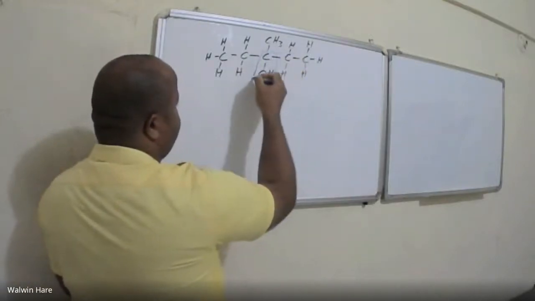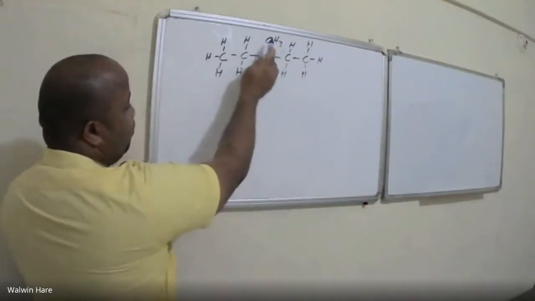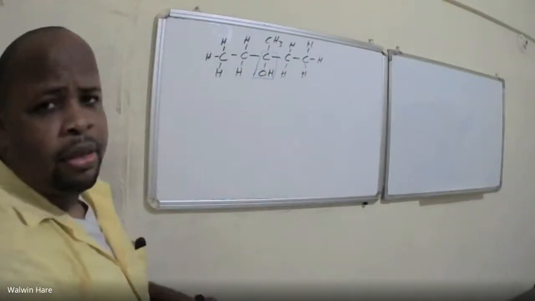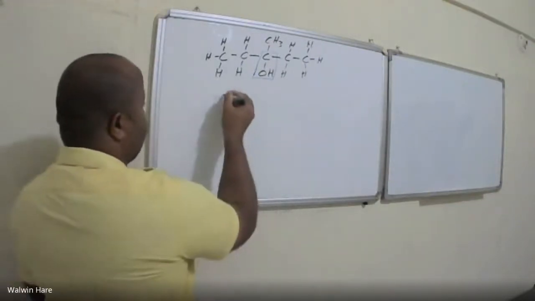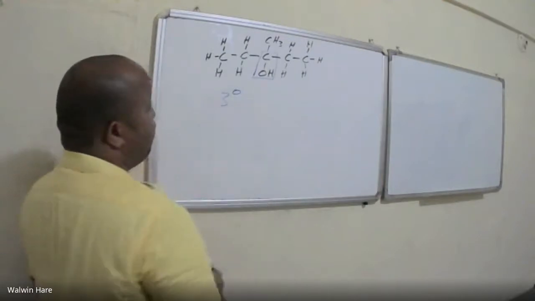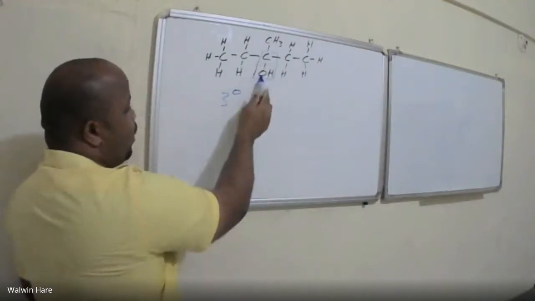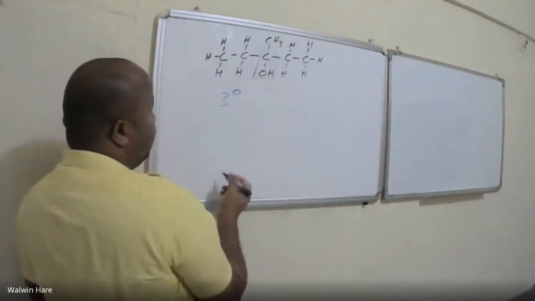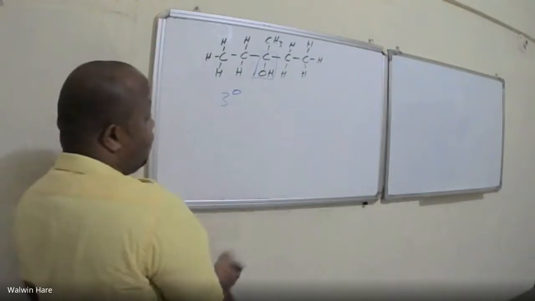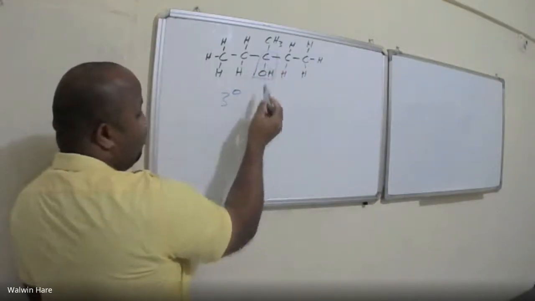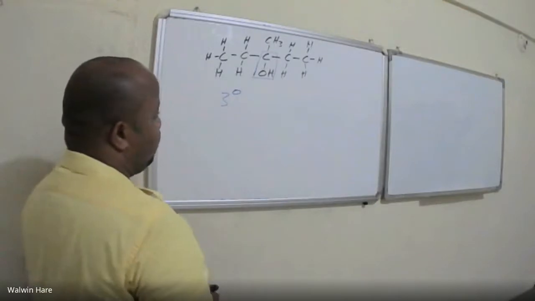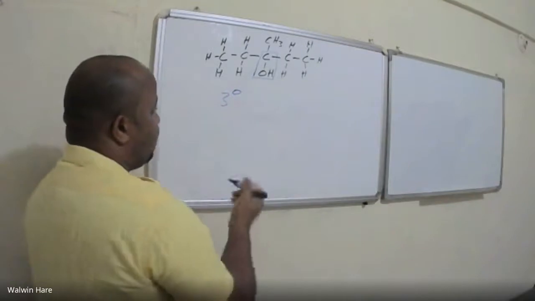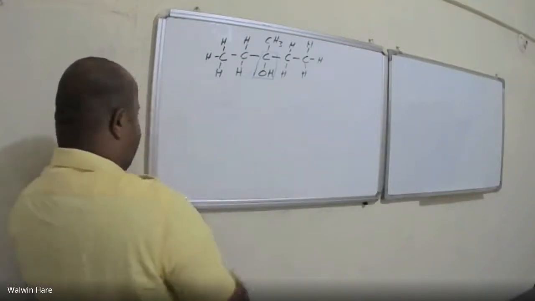How many other carbons is it? 1, 2, 3. So it's tertiary. So it's a tertiary alcohol because the carbon with the OH group is attached to 3 other carbons, right? Or you can say the carbon with the OH has no hydrogen, right? So once the carbon with the OH group has no hydrogen, it is a tertiary alcohol.